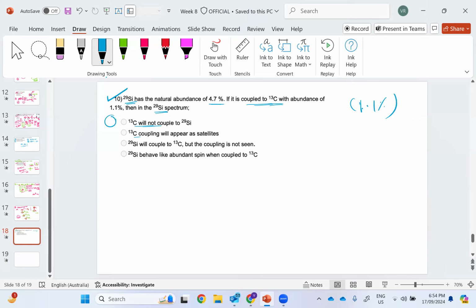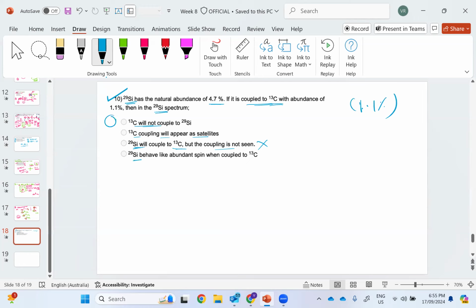Second option, 13C coupling will appear as satellite peaks, right? Third option, 29Si will couple to the 13C, but coupling is not seen. This is obviously wrong, because if it is coupled, then obviously we will observe the splitting.